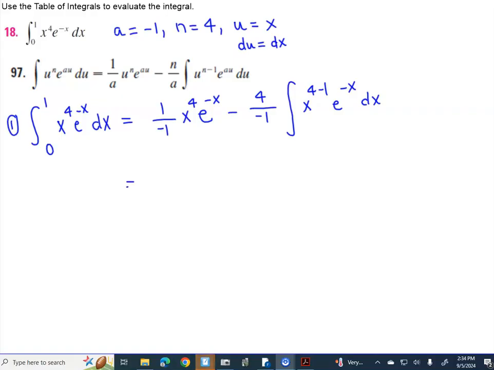So if we simplify this, we get negative x to the fourth e to the negative x.